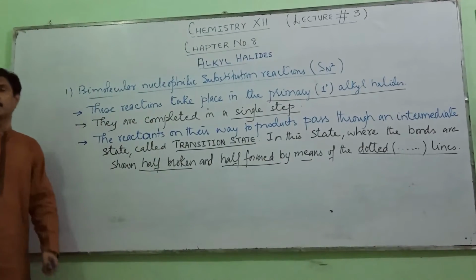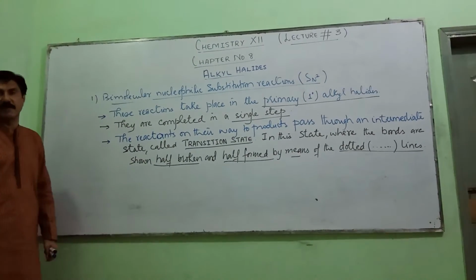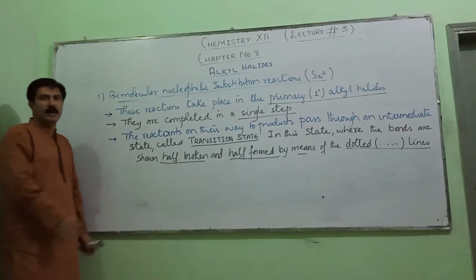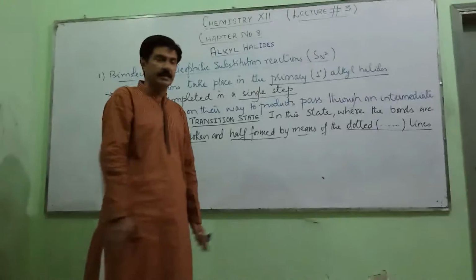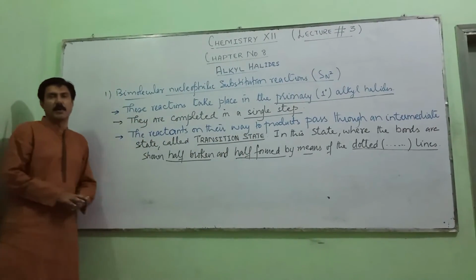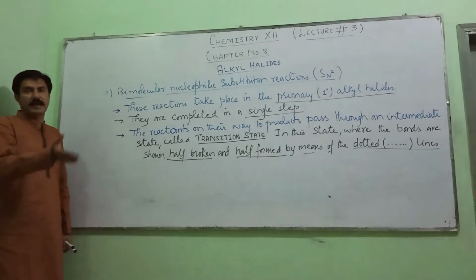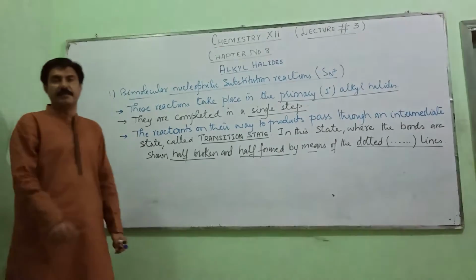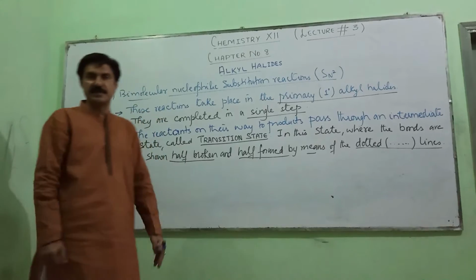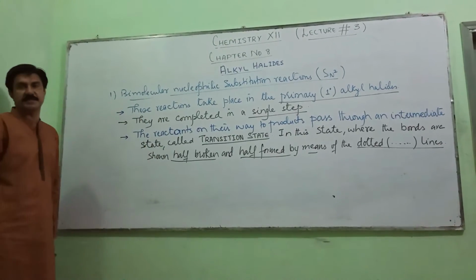Now, which bond is shown half broken and which is shown half formed? The bond between R and X will be shown half broken in the transition state, and the bond between R and the attacking nucleophile will be shown half formed by means of the dotted lines.